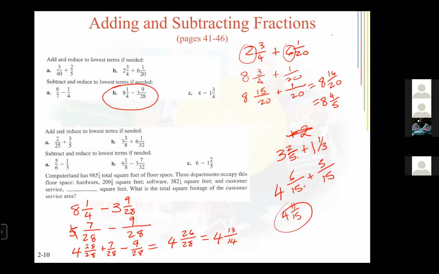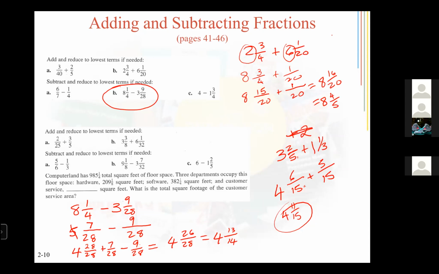Whatever the base is, the numerator will be the same. If you are dealing with 12s, it will become 12 over 12. If you're dealing with quarters, it will become 4 over 4.